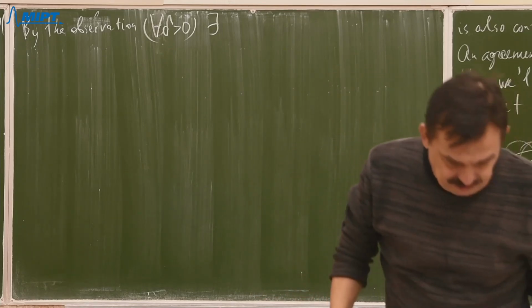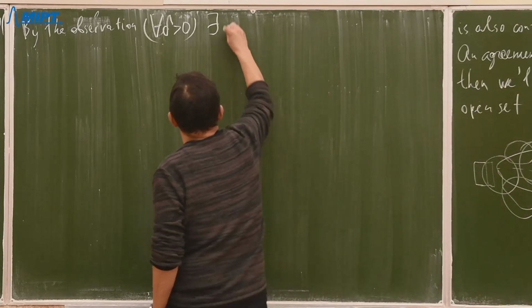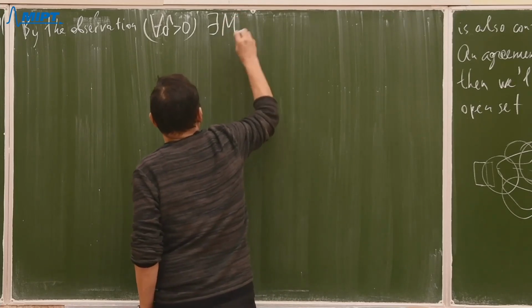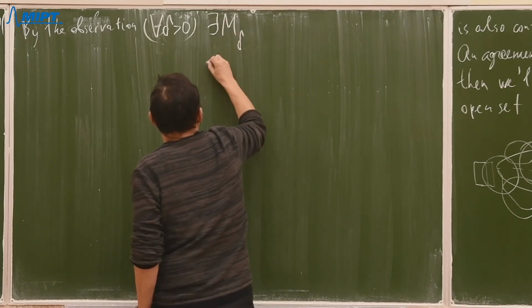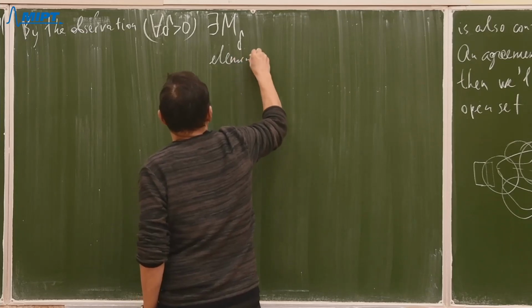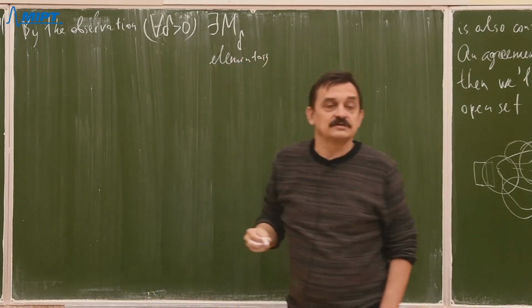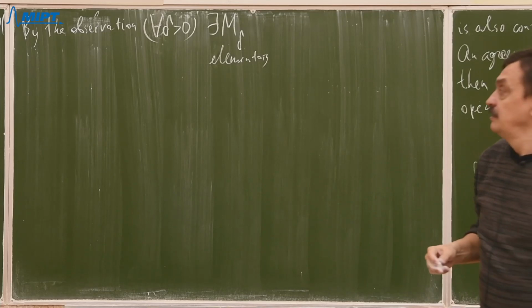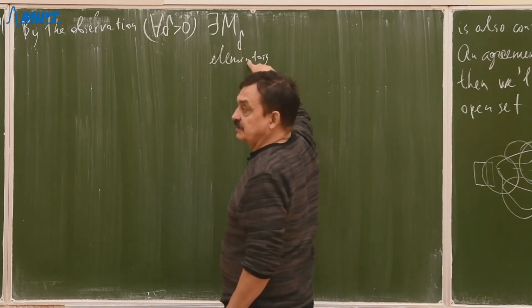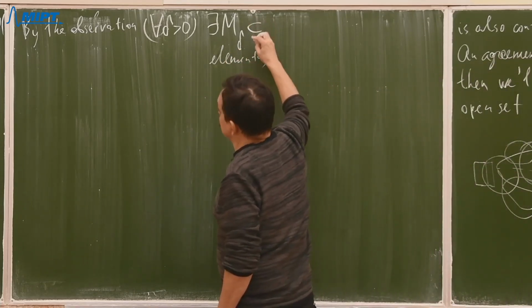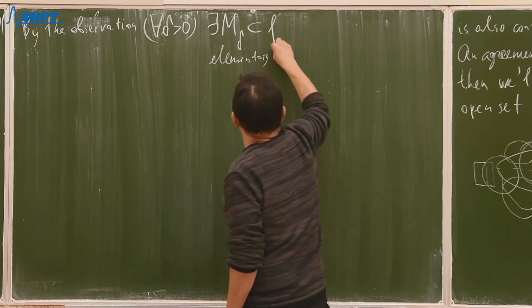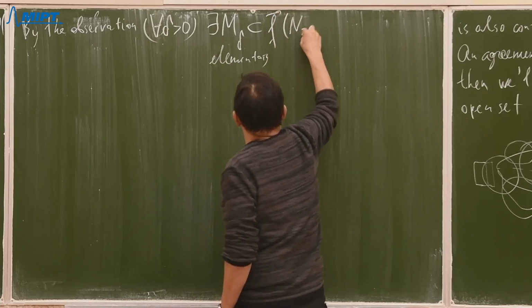Just M delta. There exists an elementary set M delta, which is in our image f of N epsilon, right?